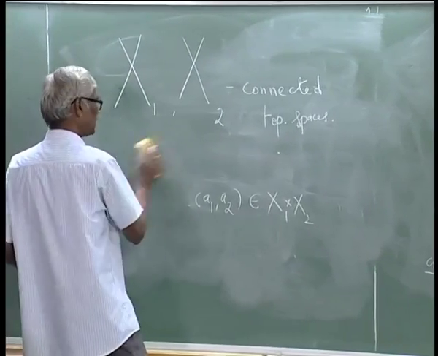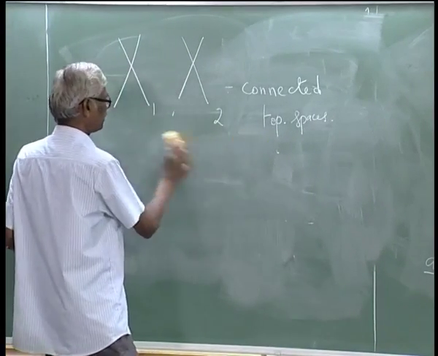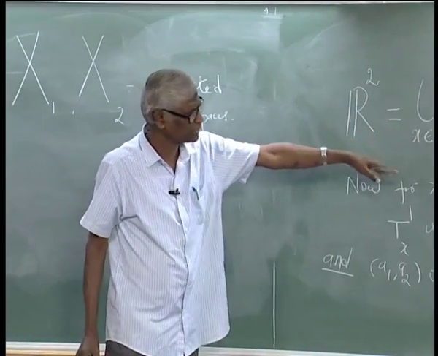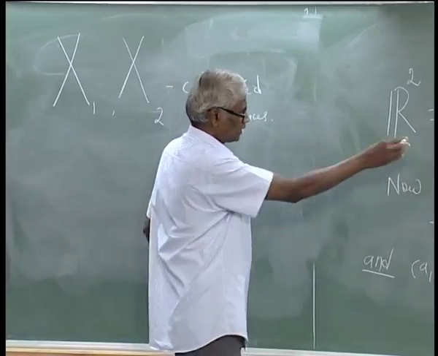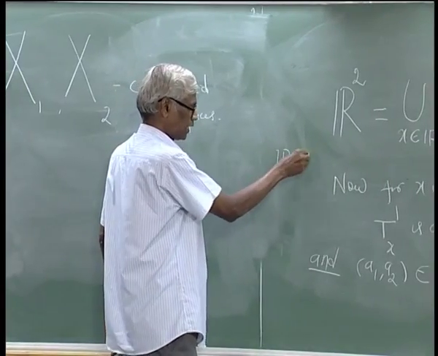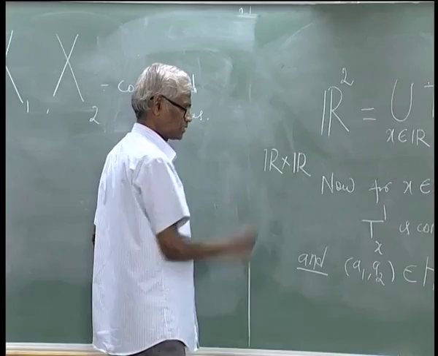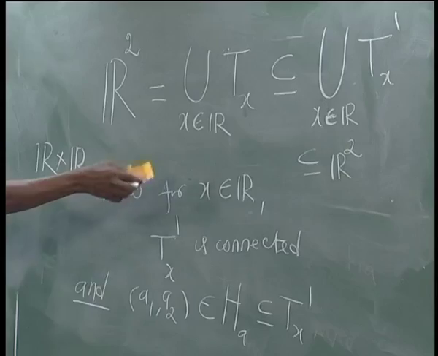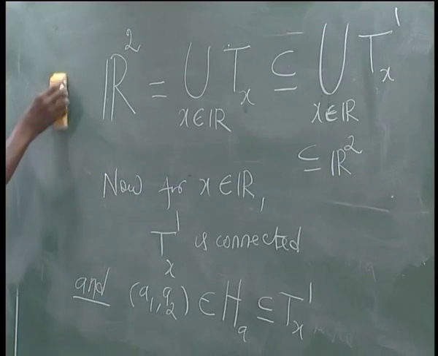In fact, we will see how the same idea extends to arbitrary products. Here by induction, exactly similar to R connected implies R cross R connected, you can prove that X1 cross X2 is connected. So the proof is exactly the same.